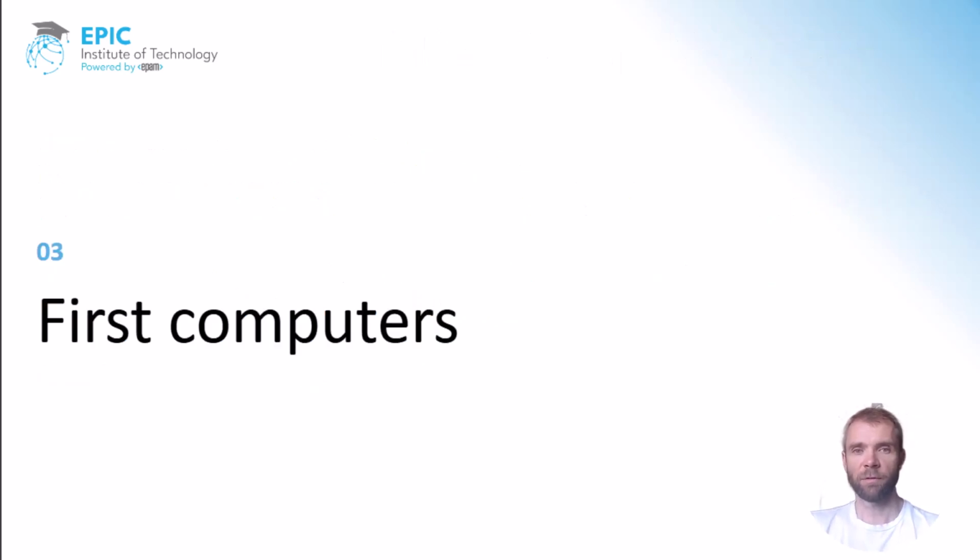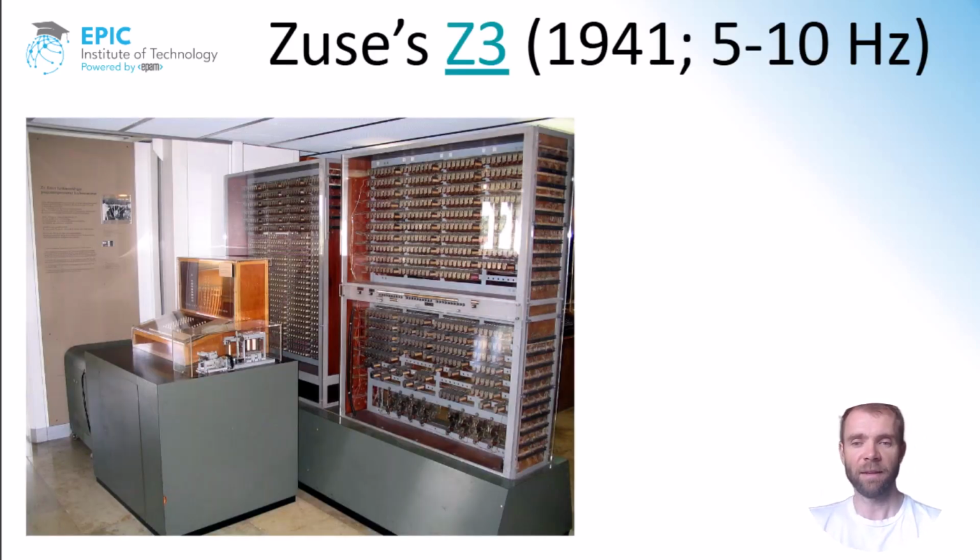So then we come to the first real computers. They appeared some years after these first models of computation were proposed. The first real digital Turing complete device was built some years after Turing proposed his notion of the Turing machine. One of the first, if not the first, digital computers which was Turing complete was Konrad Zuse's Z3.